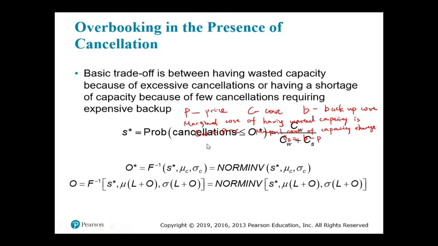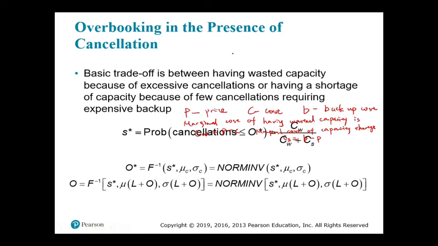And assuming that cancellation follows a normal distribution, the optimal overbooking level up front is again applying the inverse normal CDF function to this S value, given the average cancellation rate and the standard deviation of the number of cancellations.